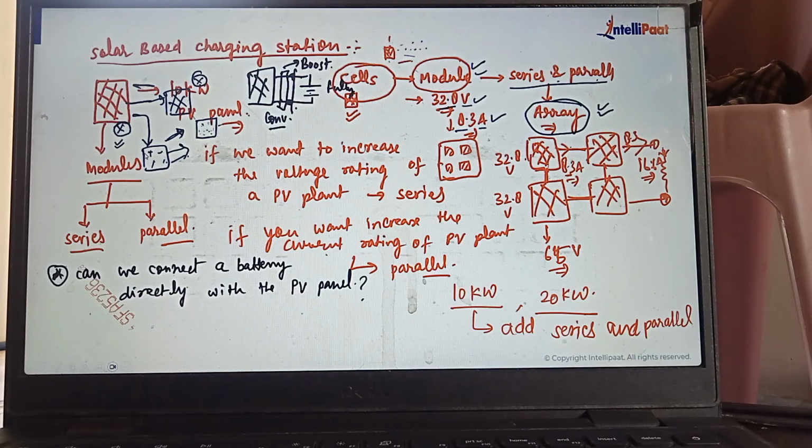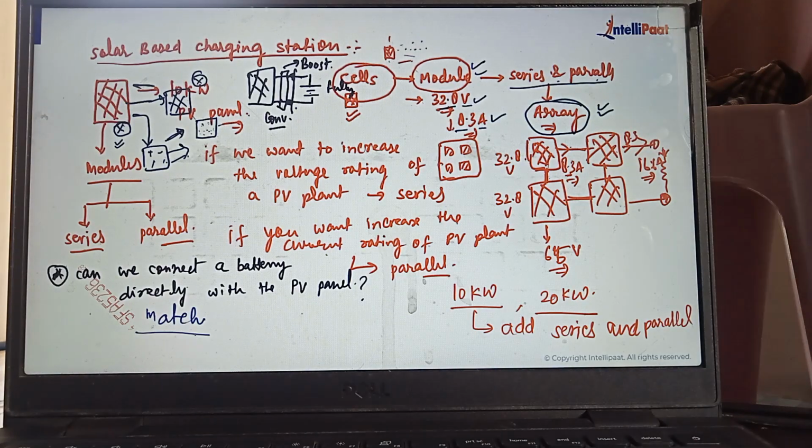If you want to discharge this battery or connect it directly with the panel, as I told you, we have to match the rating. Matching of rating is very important. We cannot have a panel of some higher voltage when the battery voltage is quite low, or a battery voltage quite high when the panel voltage is quite low.